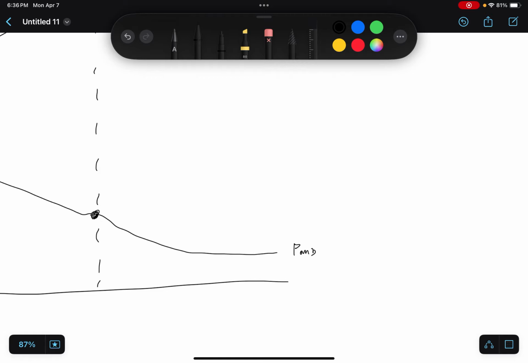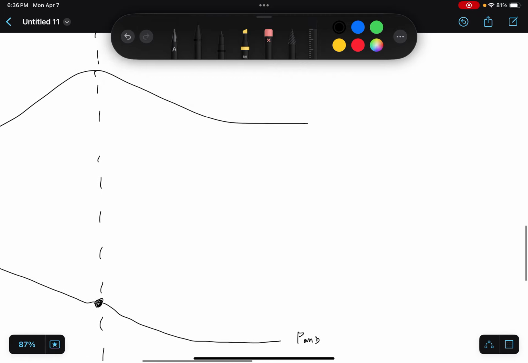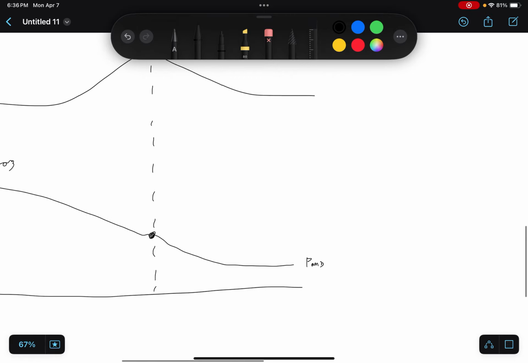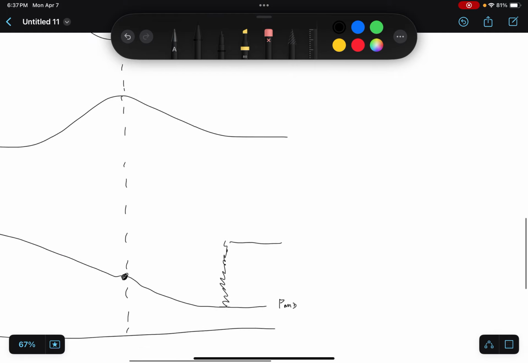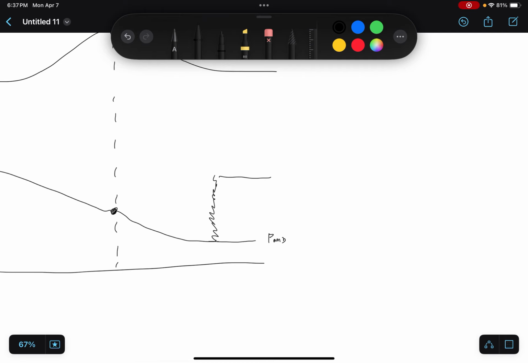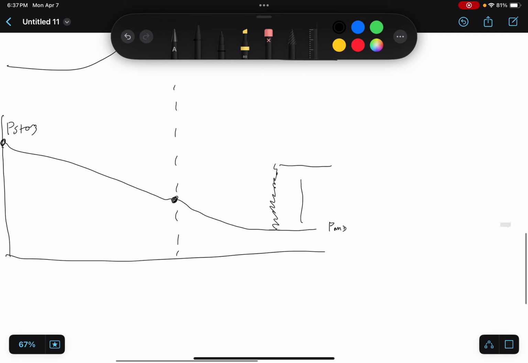But what could happen, like we talked about, is you could end up with a normal shockwave. I'll draw it a little taller in the exhaust. That would decrease the velocity and it would increase pressure, which is why it went up.